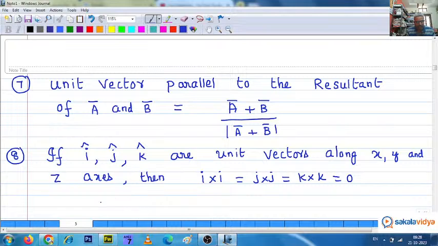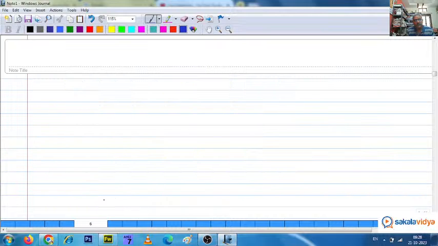Similarly we need to define more about this one, we should know. So remember this important point.